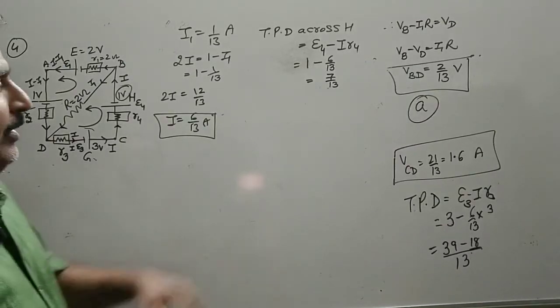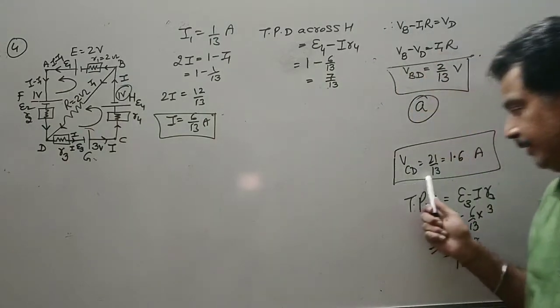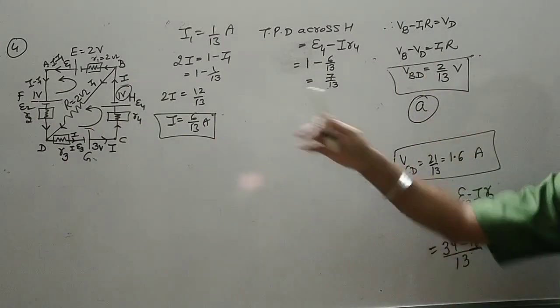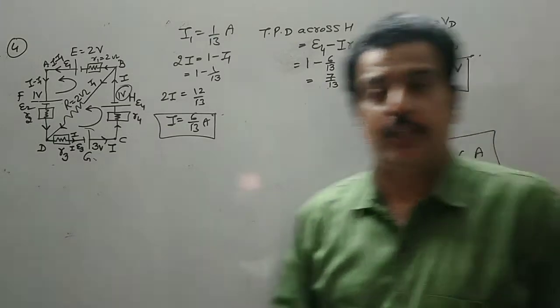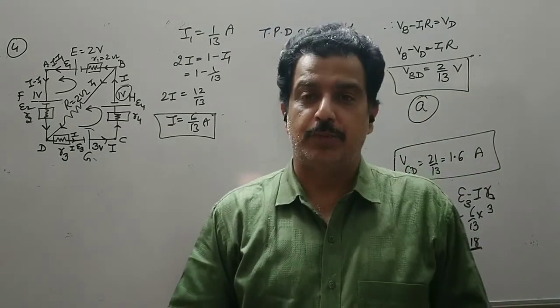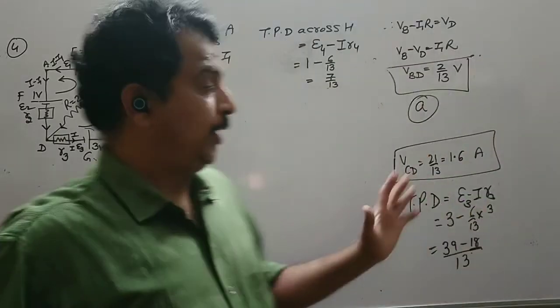So see, if we directly apply this formula, now see what is the common mistake in such type of MCQ. Here there was no problem, you will get the answer, however the options are not given, but even if the options are given, many students make the mistake at this point.